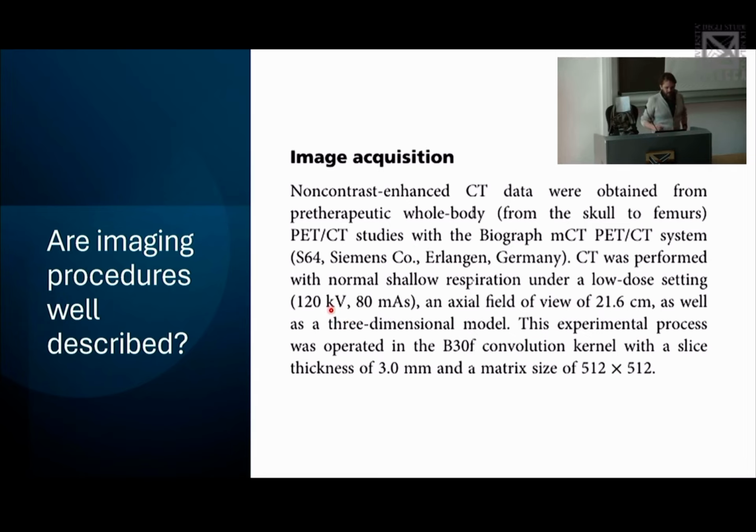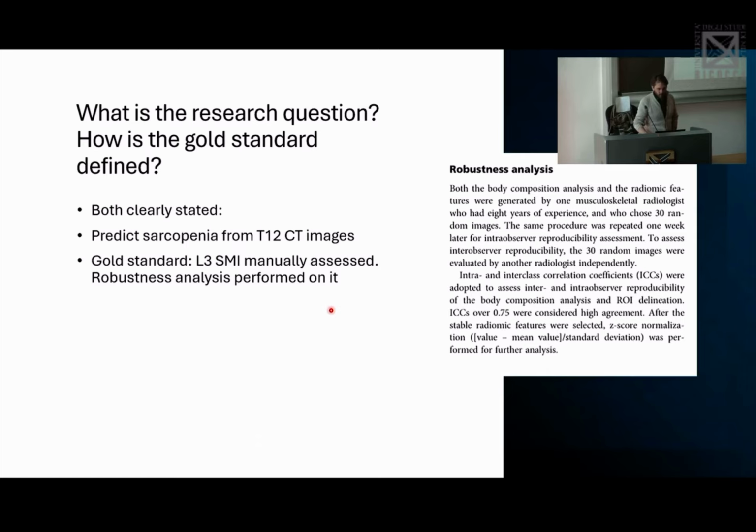So whether this generalizes to high-dose data, to other kinds of image reconstruction and so on, is something that they will not analyze. But anyway, this is very complete.